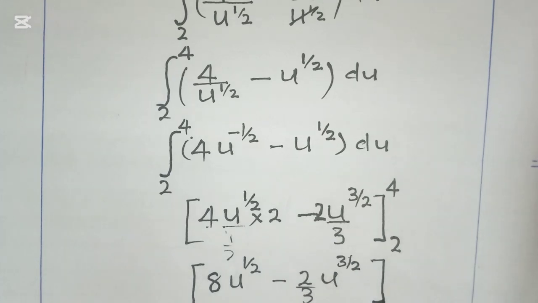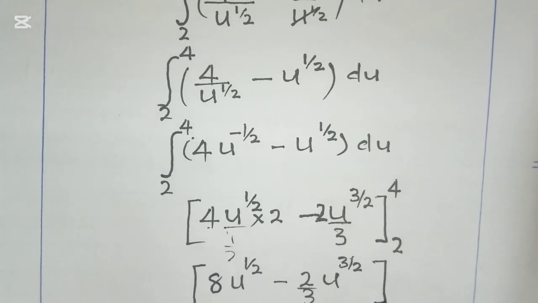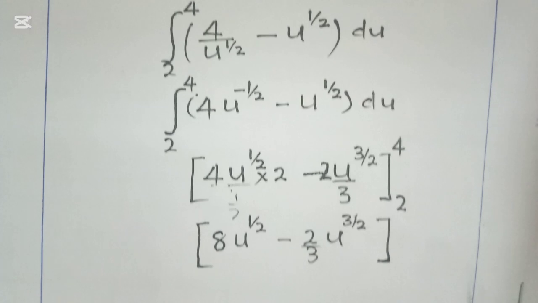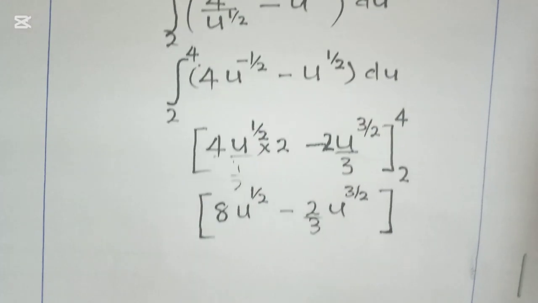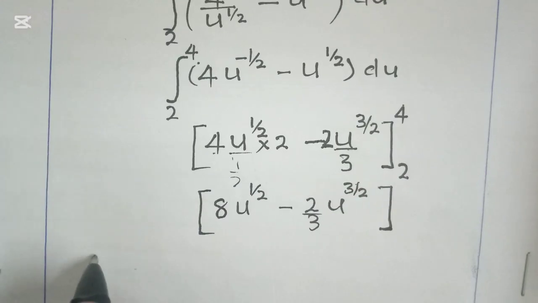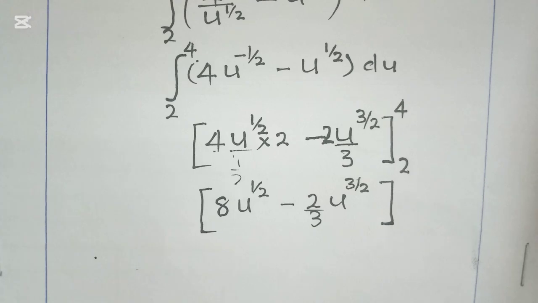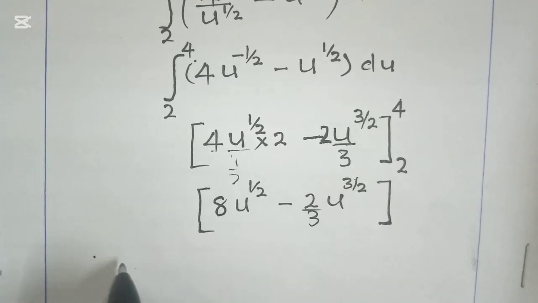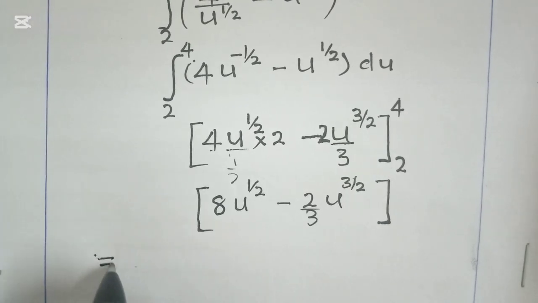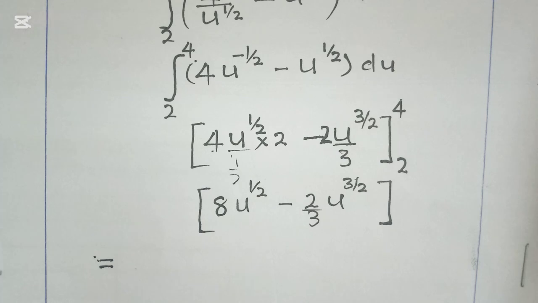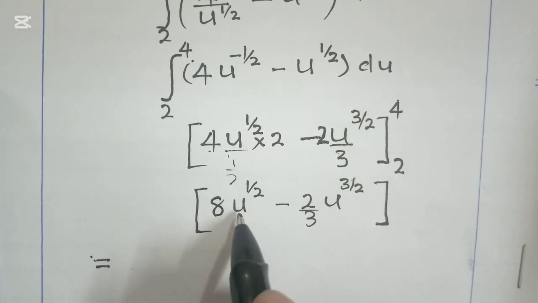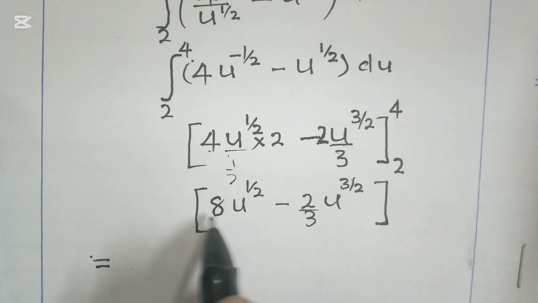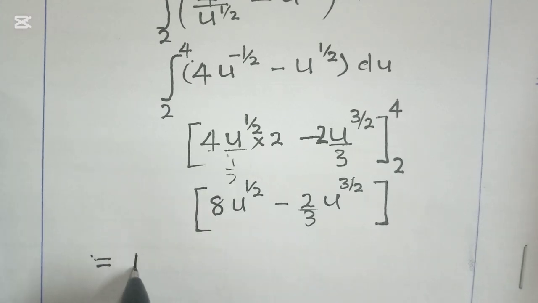So now we are in the business of replacing our u with 2 and 4. First we replace by 4. The square root of 4 is 2, and 8 times 2 is 16.